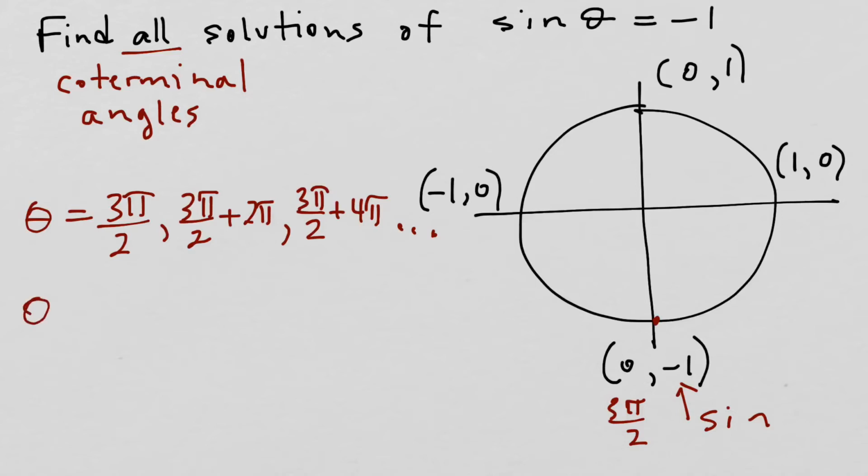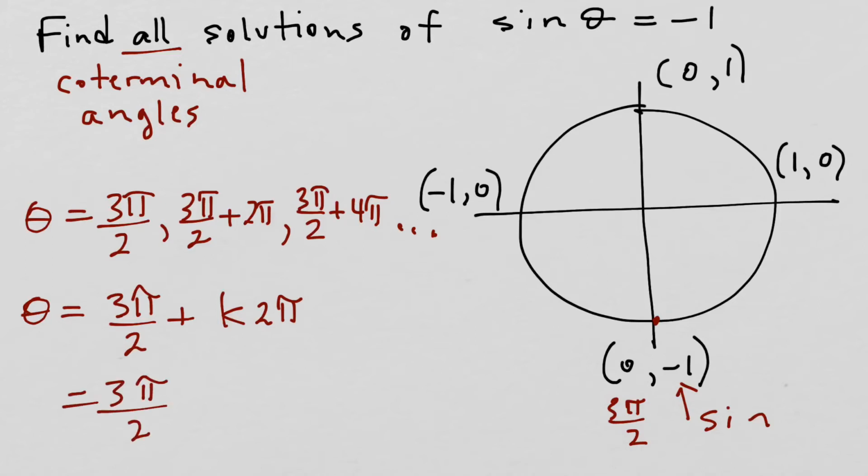So all of my solutions consist of 3 pi over 2 plus multiples of 2 pi. Or you could write that as 3 pi over 2 plus 2 pi k, where k is any integer.